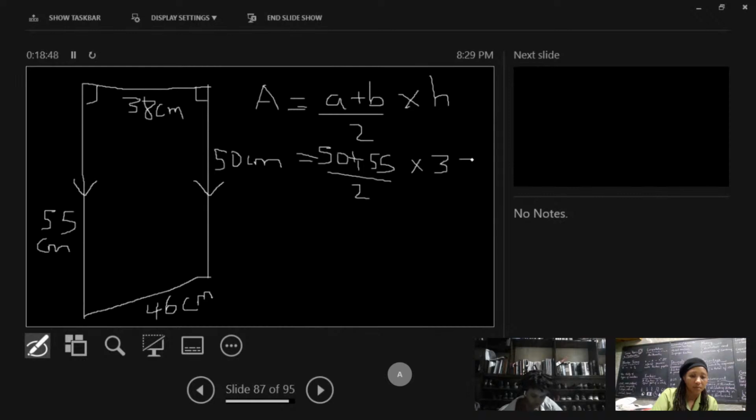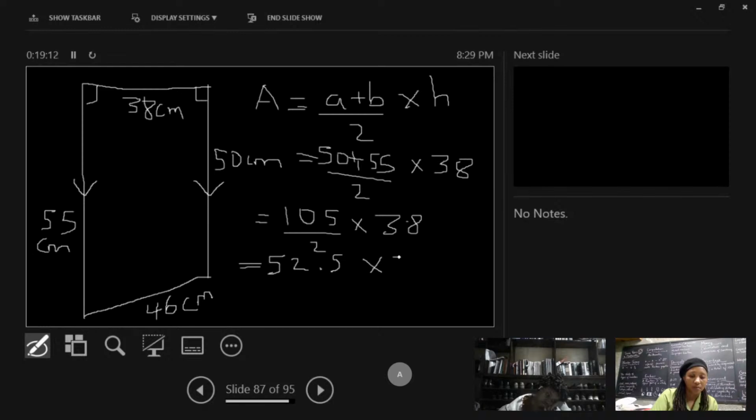And 50 plus 55 is 105 over 2, and 105 divided by 2 is 52.5. And 52.5 times 38, miss, that would be 1,995 centimeters squared.